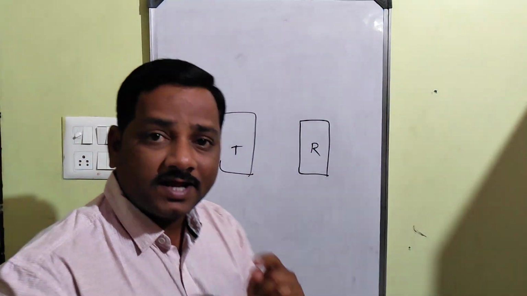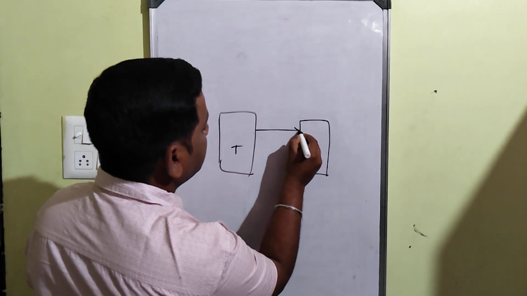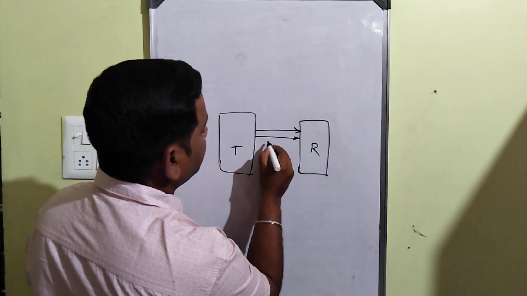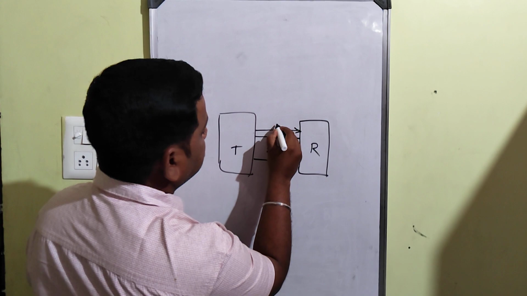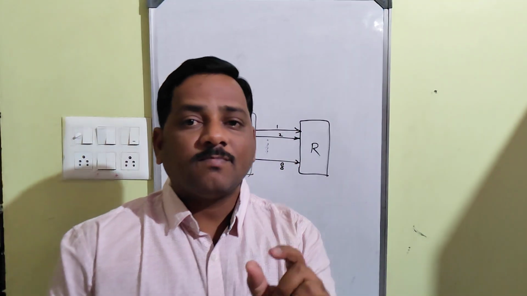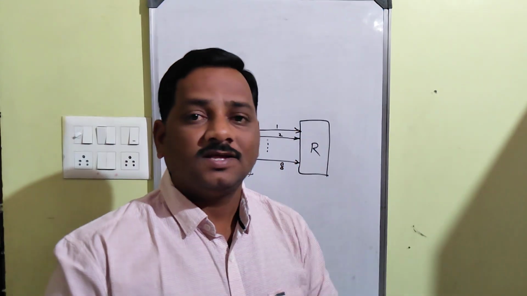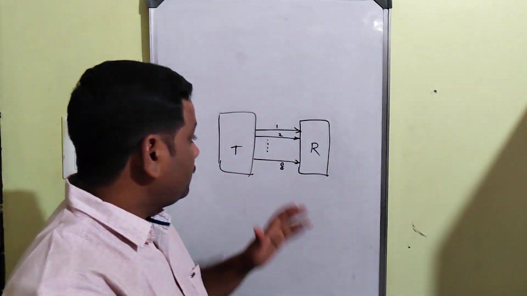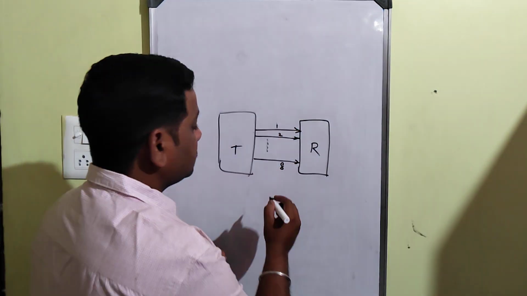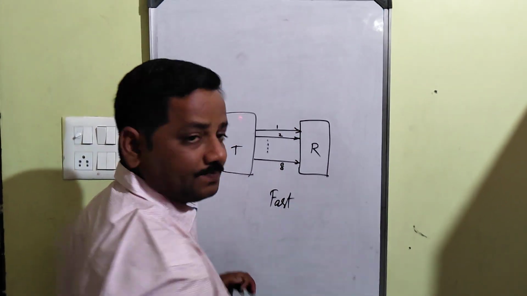If you want to transfer 8 bits of data in parallel, we need 8 transmitting wires, say 1, 2, and this is the 8th. So we need 8 lines to transfer 8 bits of data. But the advantage here is we are transferring all 8 bits at a time, or simultaneously. So the speed is going to be high, or we can say this is fast.